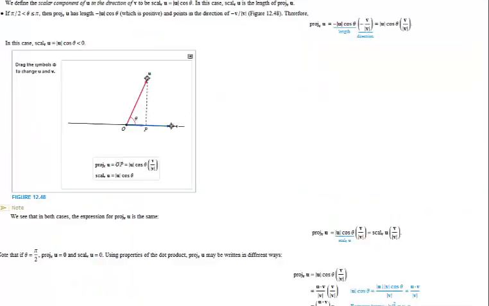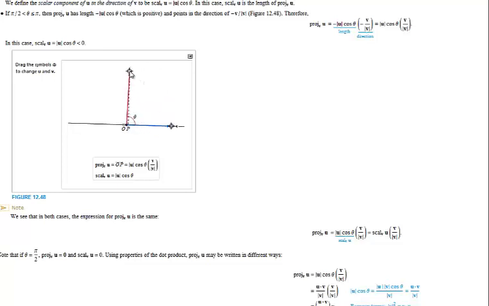Your textbook has a nice animation in discussing these orthogonal projections. What I'm looking for when I am looking for the orthogonal projection of u onto v is I'm basically looking at the shadow that u creates on v. And as these angles change, the shadow becomes either greater or less.